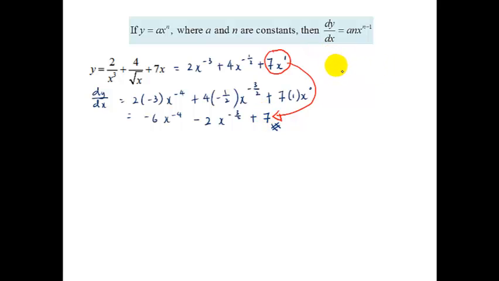Just to give you another example, if I am to differentiate 8x, it should give me 8. Similarly, if I am to differentiate minus 8t, I should be left with just the coefficient minus 8.